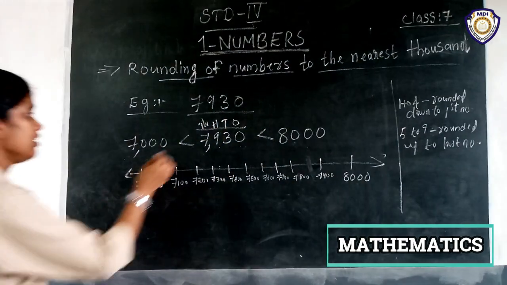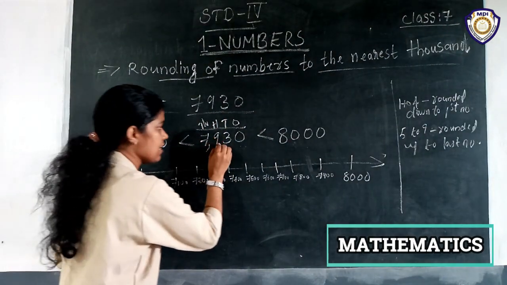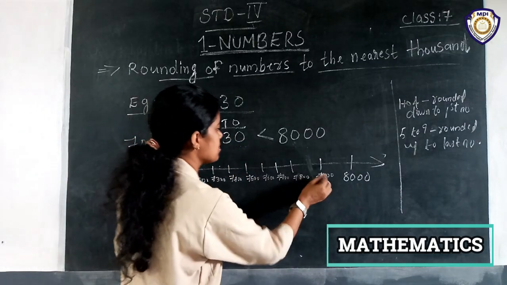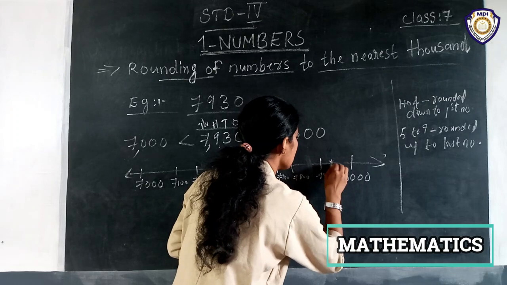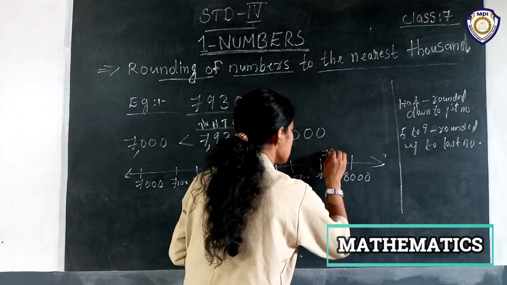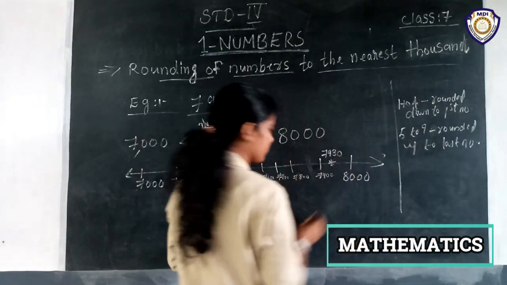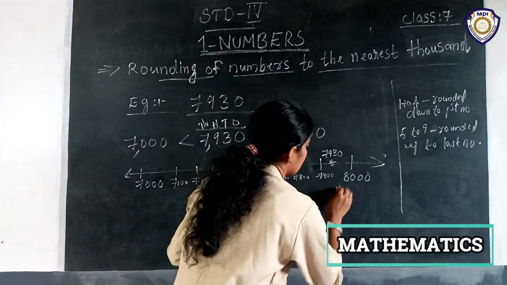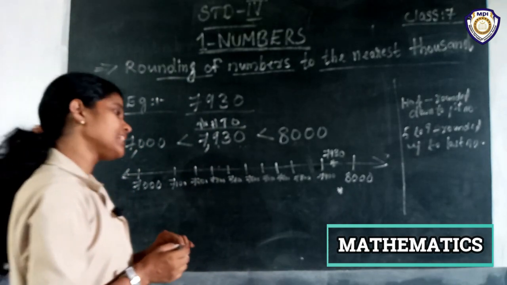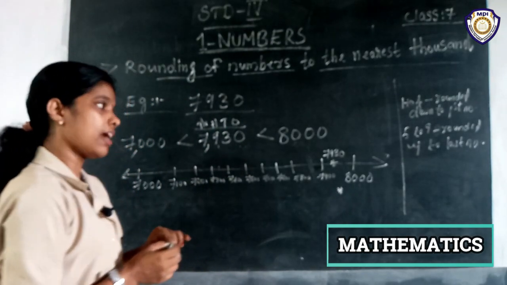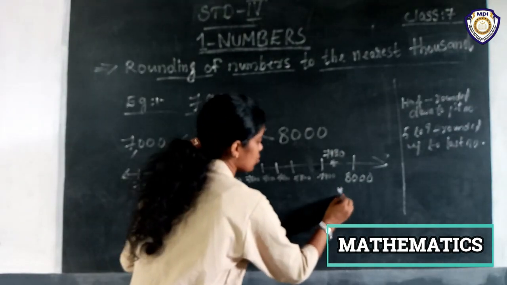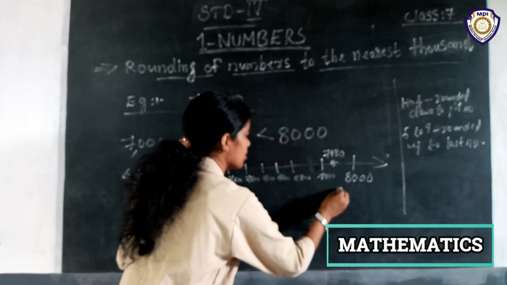Our number is 7930. 7930 is here. 7930 lies between 7900 and 8000. Then we draw another line.